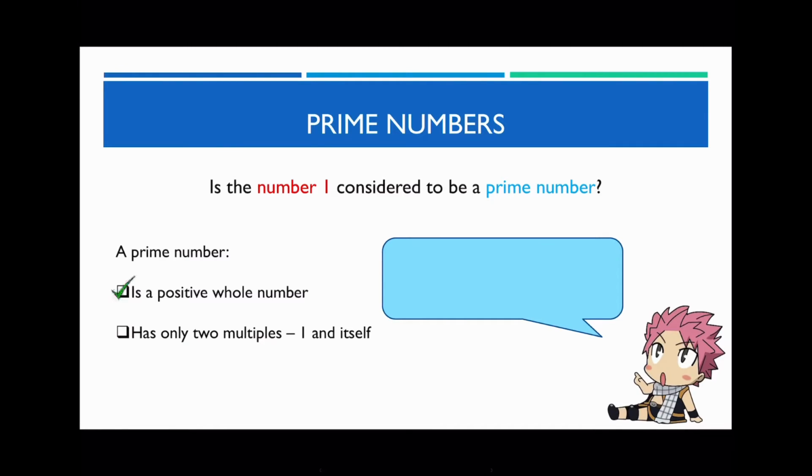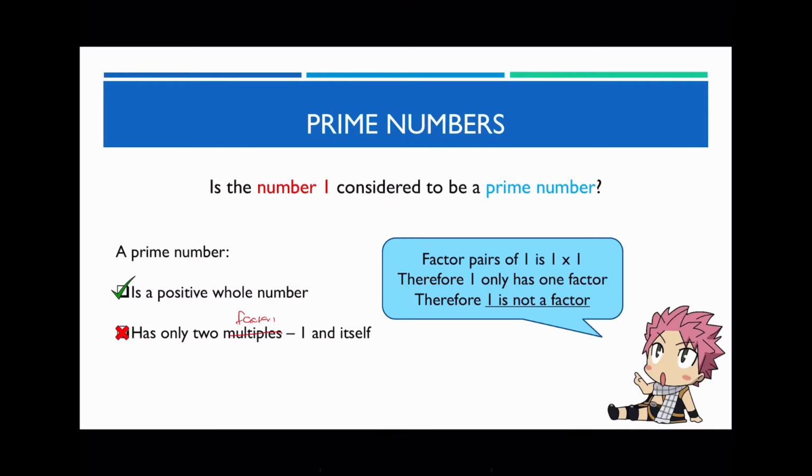But does it meet the second component, which is it has to have 2 unique, meaning 2 different, factors, 1 and itself? In this case, the only factor pair of 1 is 1 and 1, and because it's the same number, it only has 1 factor. As a result, it doesn't meet this requirement, and hence 1 is not considered to be a prime number at all.